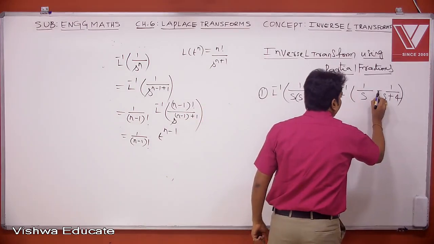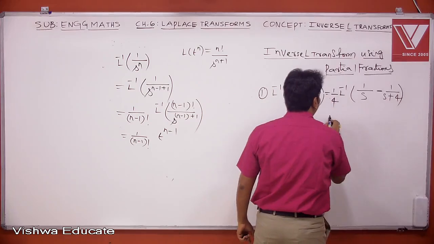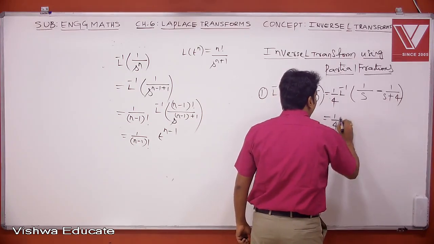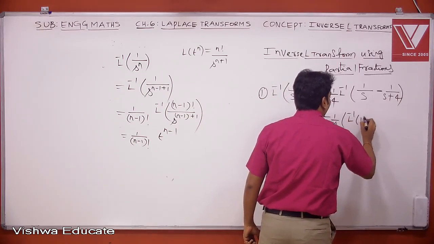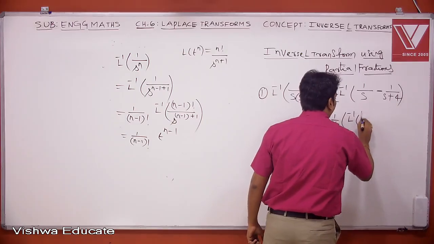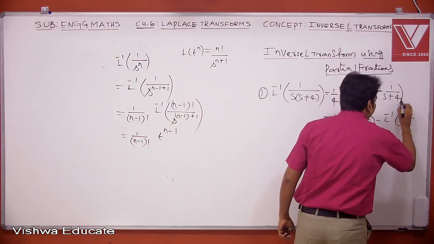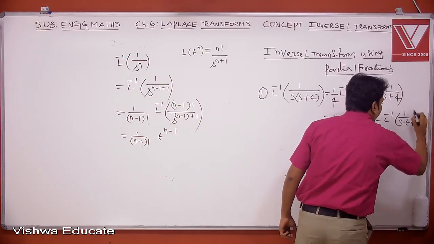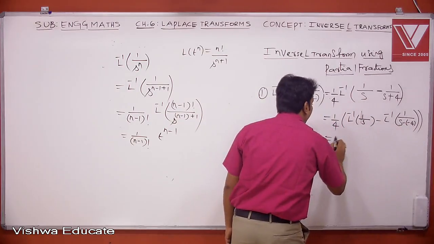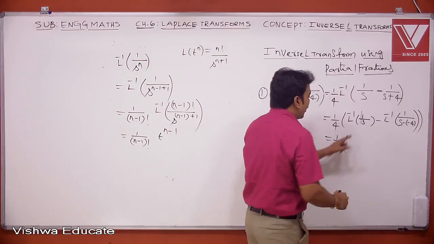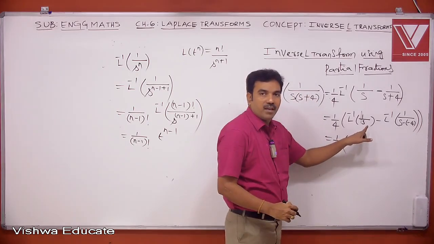Now between the functions of s we have a minus, so we can apply the linear property. This is 1 by 4 into L inverse of 1 by s minus L inverse of 1 by s plus 4. I can write it as s minus of minus 4. For which function is the Laplace transform 1 by s? It is 1.